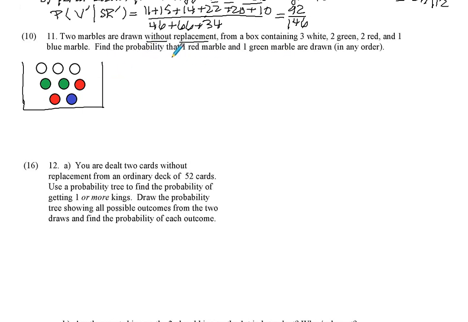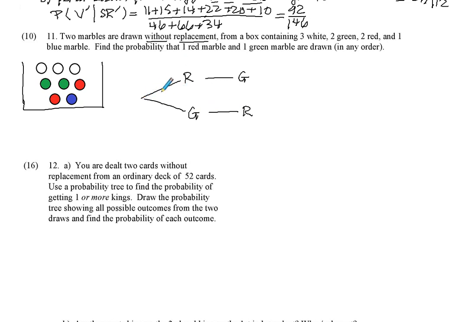And let's see, we want to find the probability that we are going to draw 1 red and 1 green in any order. So there's 2 ways that this can happen. We could either draw a red and then follow that by drawing a green, or we could draw a green first and then follow that with a red. Now, there's lots of other outcomes in here because there's 4 colors.